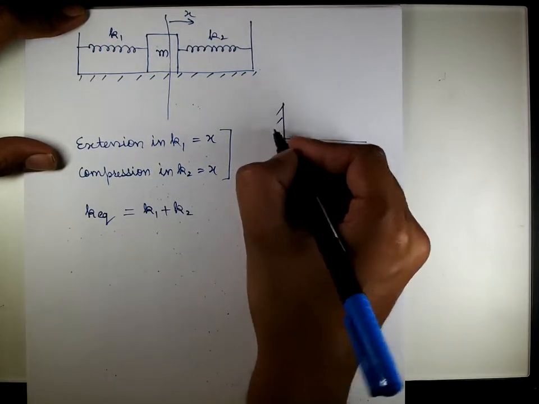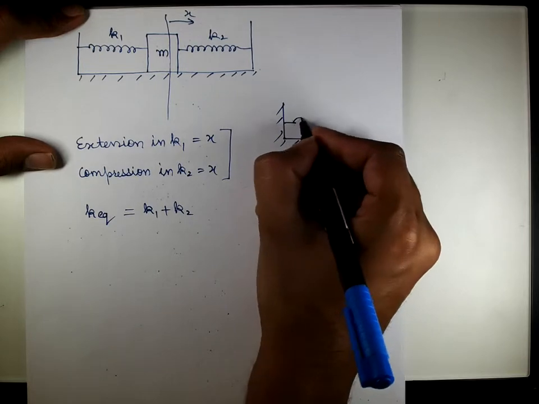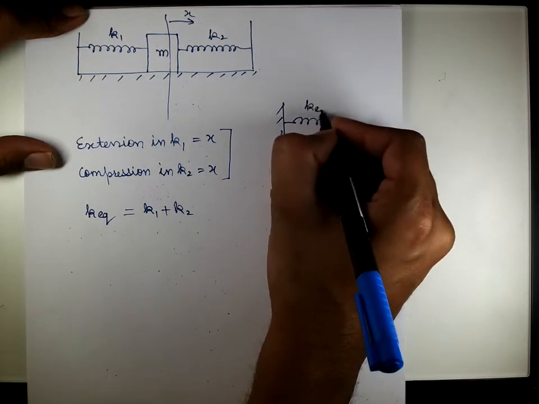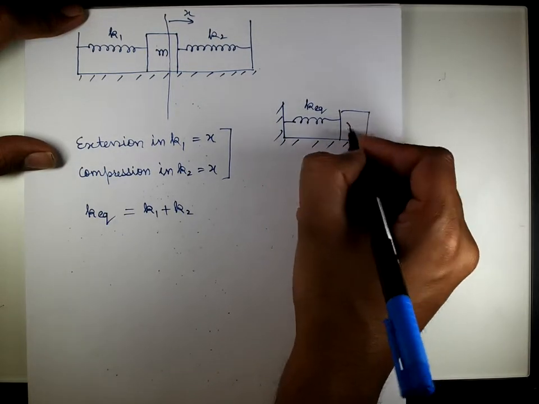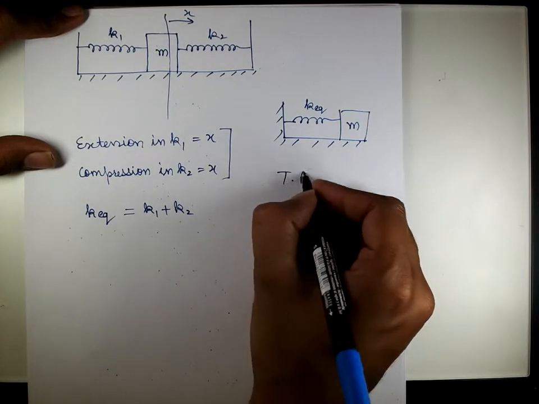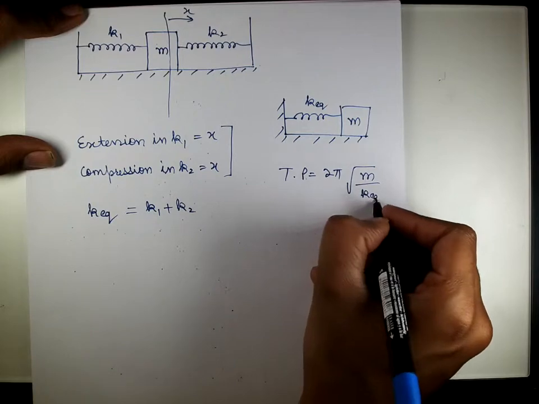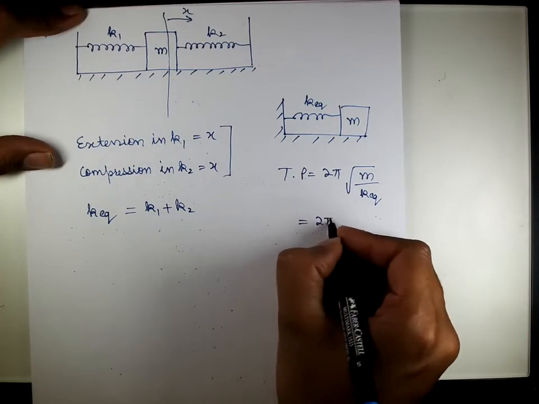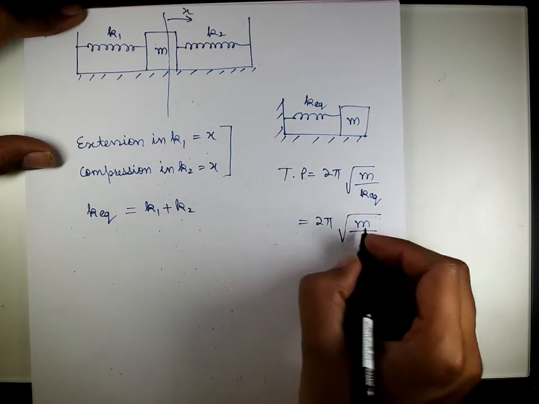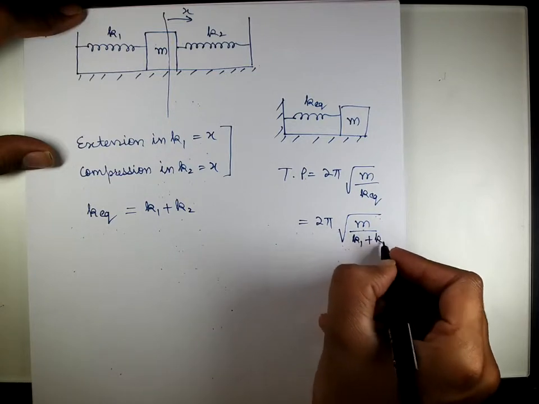Hence if we replace the system by a k equivalent and keep the body's mass the same, the time period can simply be stated as 2 pi under root of m by k equivalent, or 2 pi under root of m by k1 plus k2.